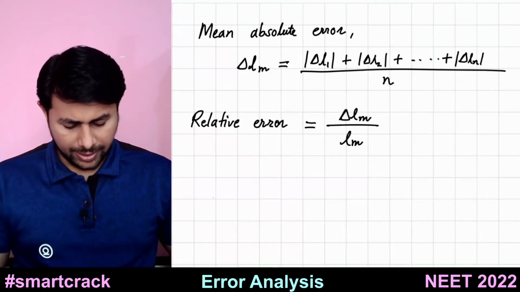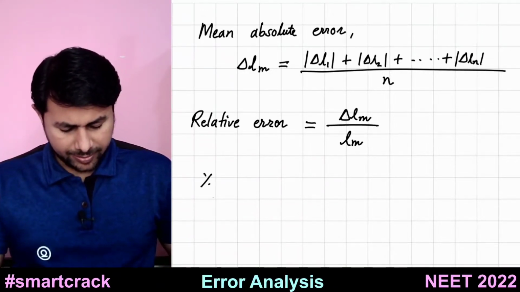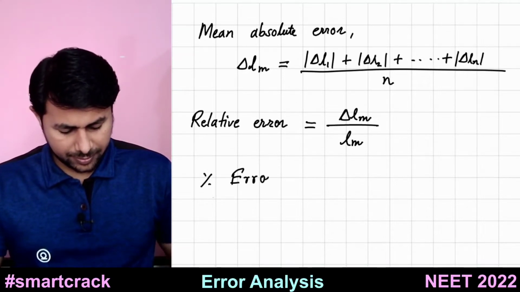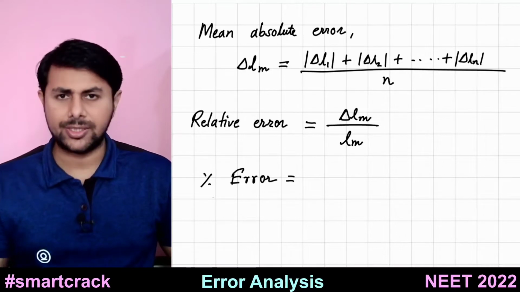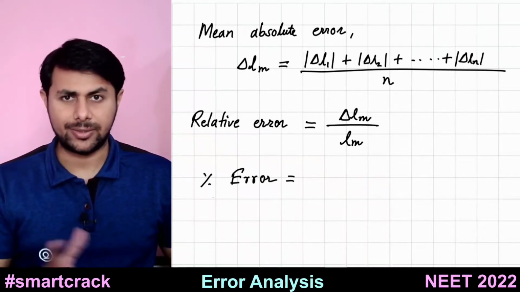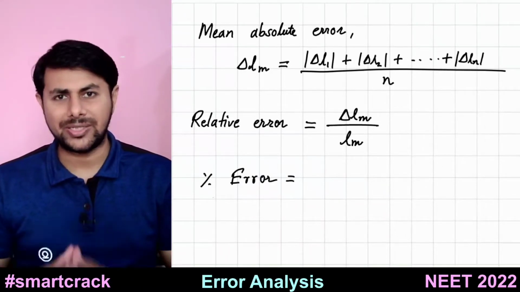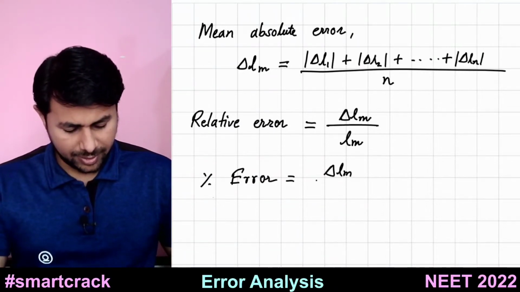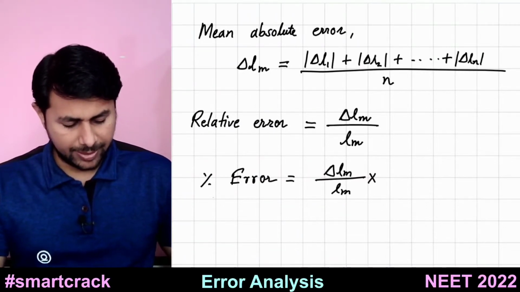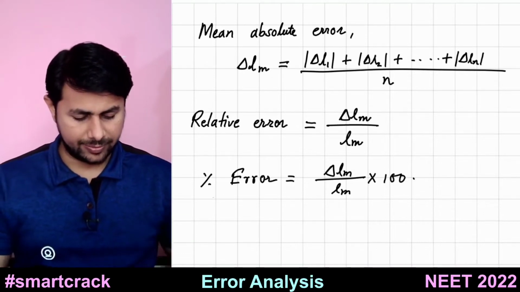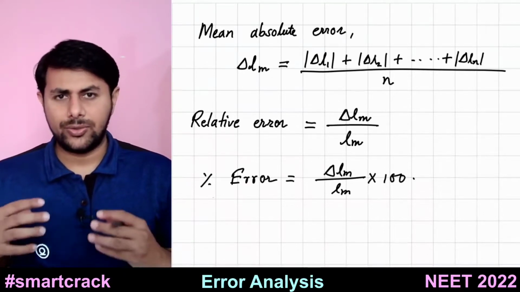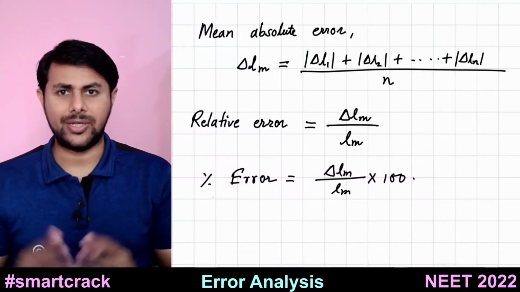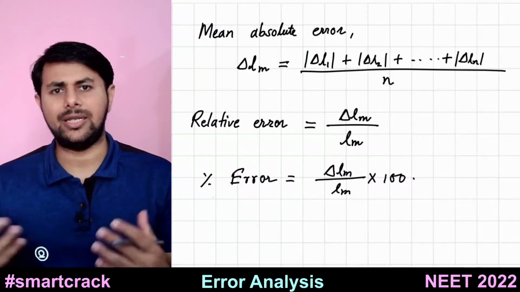The next term is the percentage error, and it is just the relative error multiplied by 100. So we find the percentage of the error, delta Lm upon Lm multiplied by 100. This is how we figure out how much the error is in any measurement.